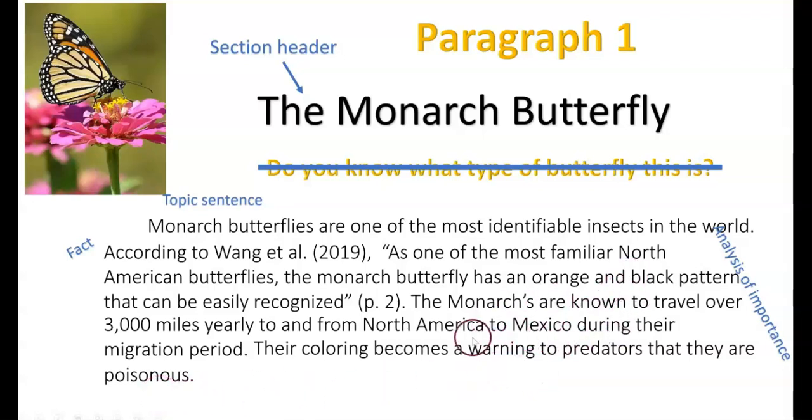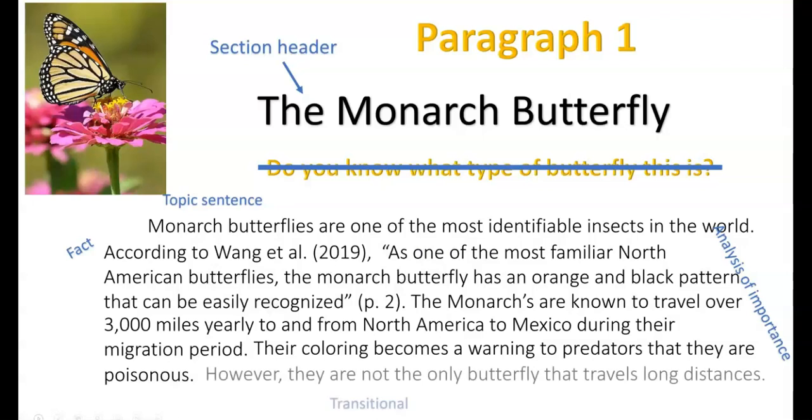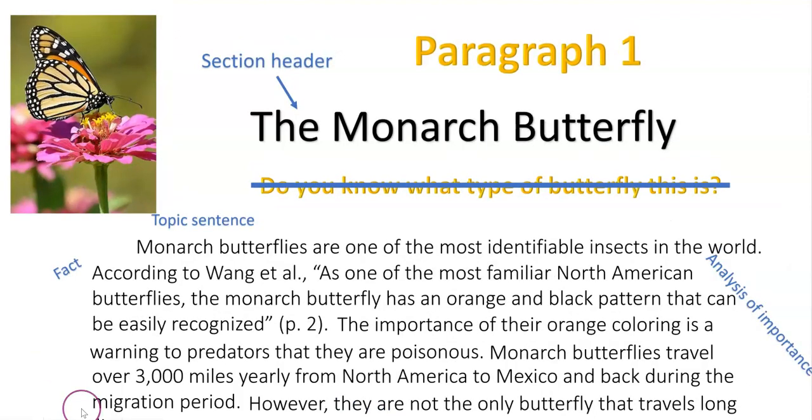So this is a brief analysis of this source. However, they are not the only butterfly that travels long distances. This is your transitional sentence. It carries the reader into the next section or the next paragraph that you plan to write.